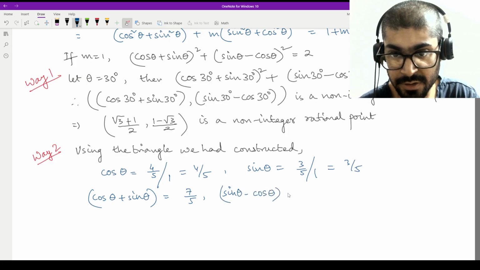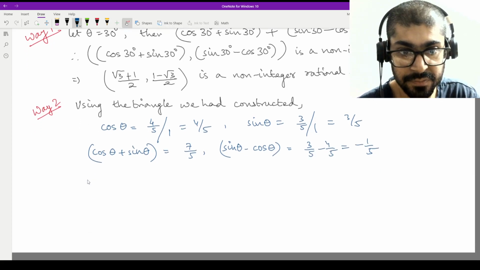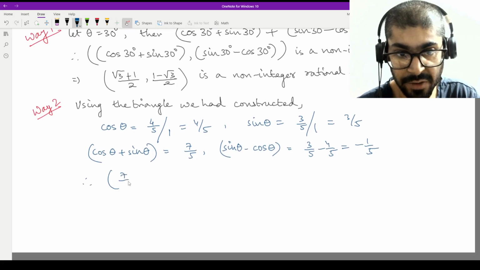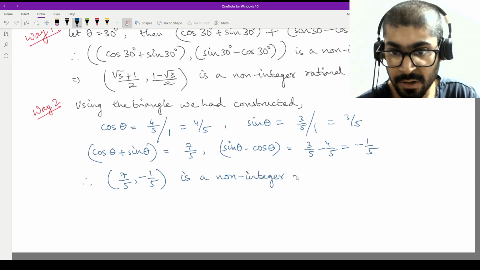This one would give us 3 by 5 minus 4 by 5 equal to minus 1 by 5. Alright, so again we will have 7 by 5 comma minus 1 by 5, is a non-integer rational point.